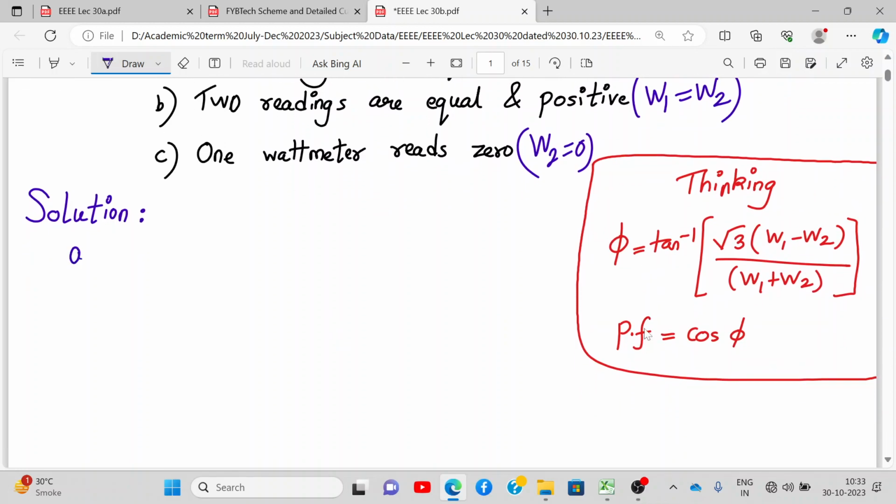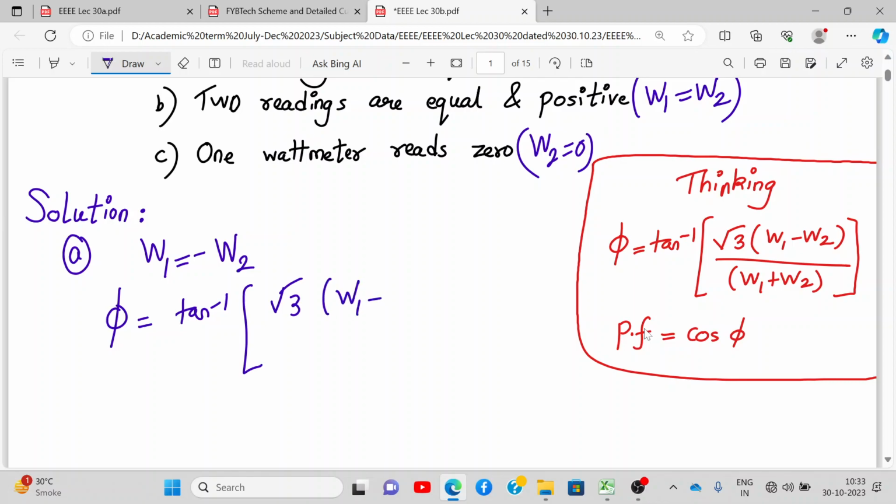For the first case, W1 is the same as minus of W2. So phi will be given by tan inverse of root 3 times (W1 minus of W2) divided by (W1 minus W2).